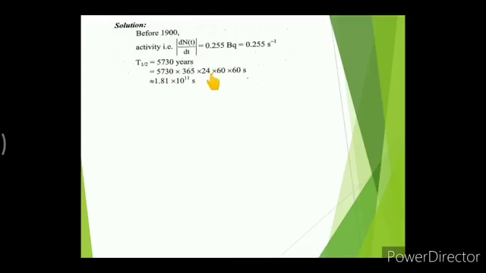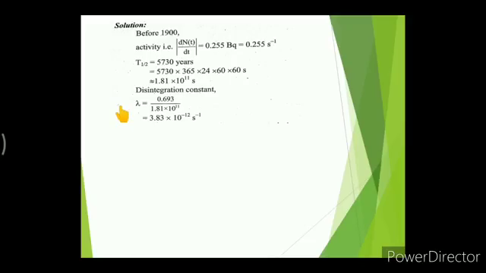After the multiplication of 5730 into 365 into 24 into 60 into 60, we get around 1.81 into 10 raised to 11 seconds. Hence, the disintegration constant we can determine by using the formula lambda is equal to 0.693 upon T half, where T half is 1.81 into 10 raised to 11 second.